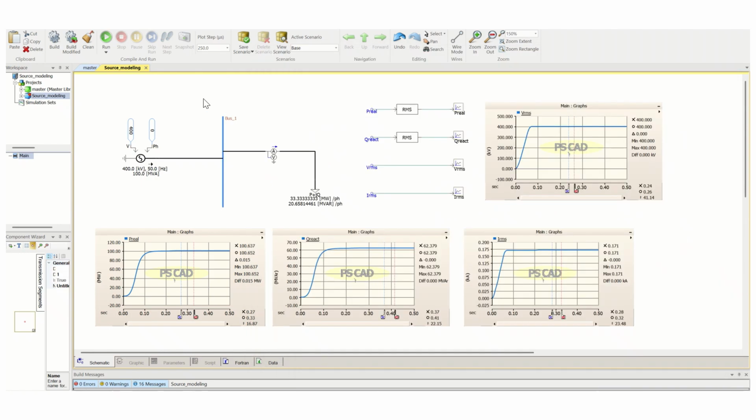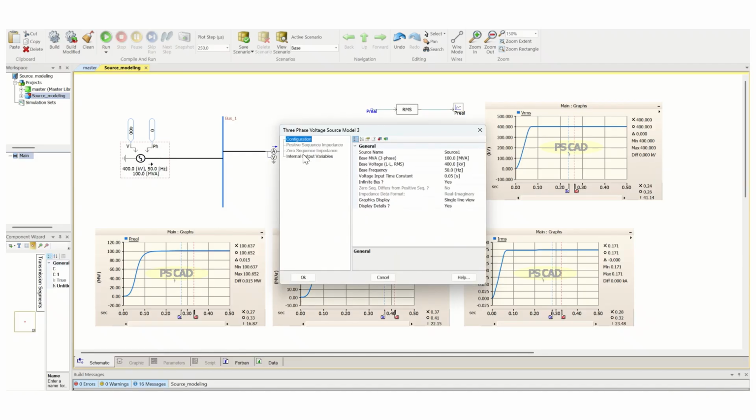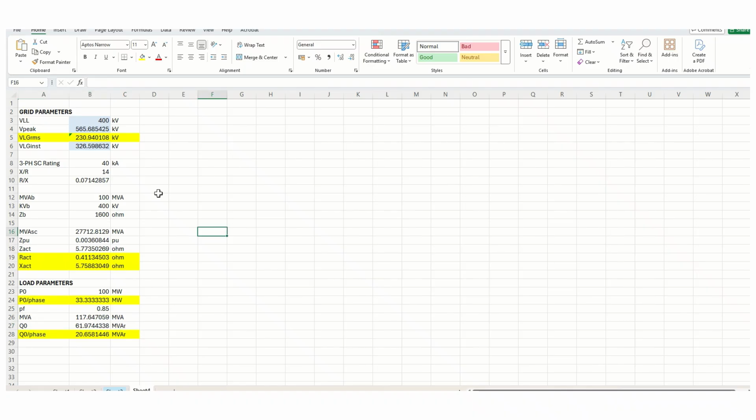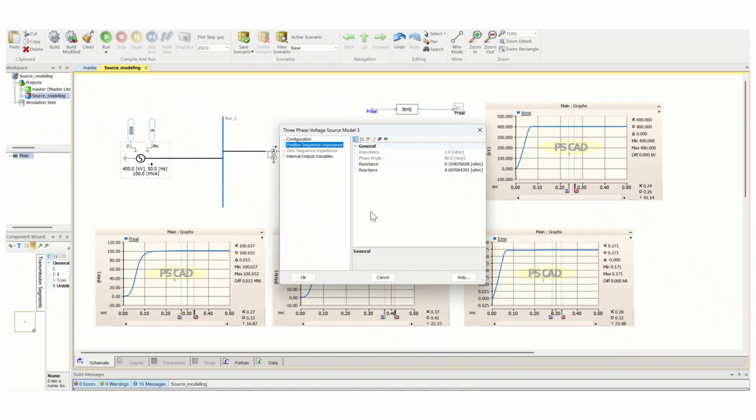Okay, now we'll change the infinite source, and we'll provide these positive sequence values here. Considering this 40 kiloampere, the corresponding X by R ratio is 14. This is the resistance value and reactance value. Let's take this resistance and reactance value.